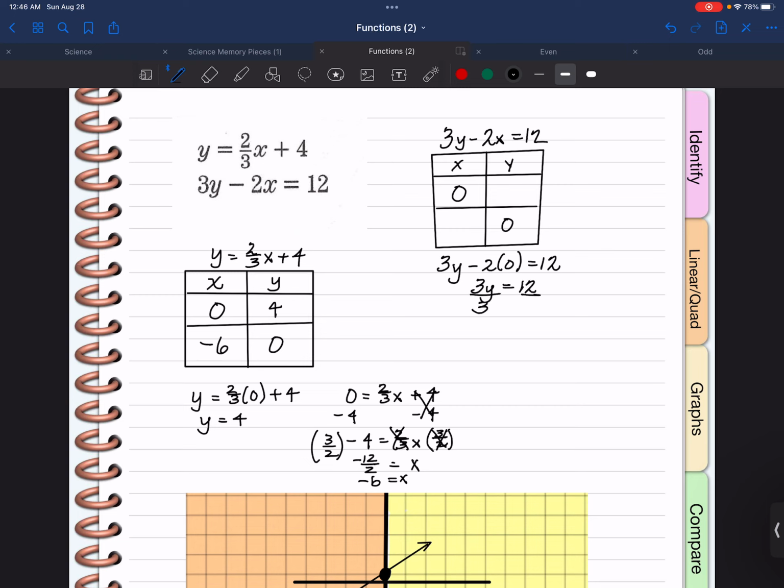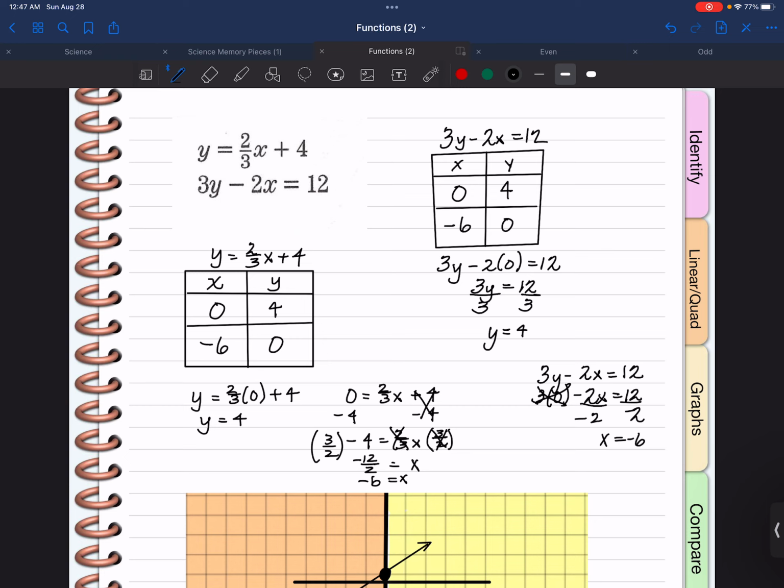And divide by 3. y is 4. And then 3y minus 2x is 12. We're going to let the y be 0. And so that cancels. So we're left with negative 2x equals 12. So x is negative 6.